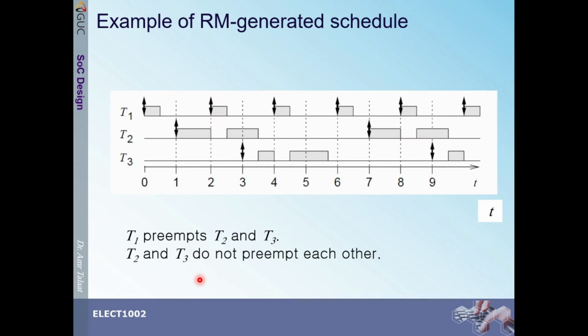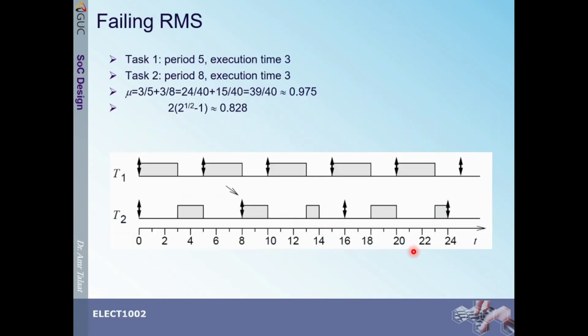Let's see why. If we have three tasks like this, and T1 is faster, it comes with a smaller period than T2 and T3, then it preempts the others. T2 and T3 are equal. Okay, and T1 has a period of 5 and an execution time of 3.